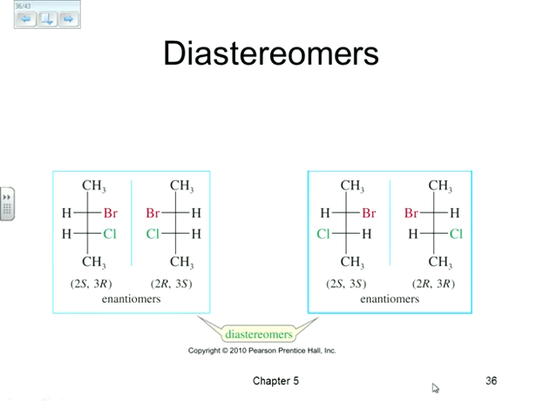Begin by looking at number 1 and just label all the stereocenters, the chiral carbons, as either R or S. So kind of do that in groups, and then we'll check them here in just a second. Again, just label all of those chiral centers as either R or S.